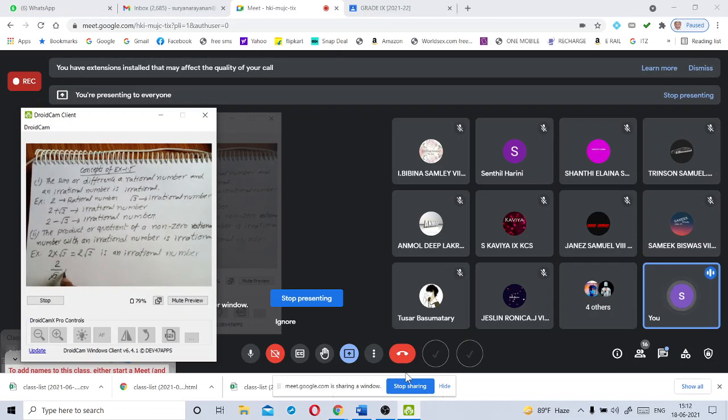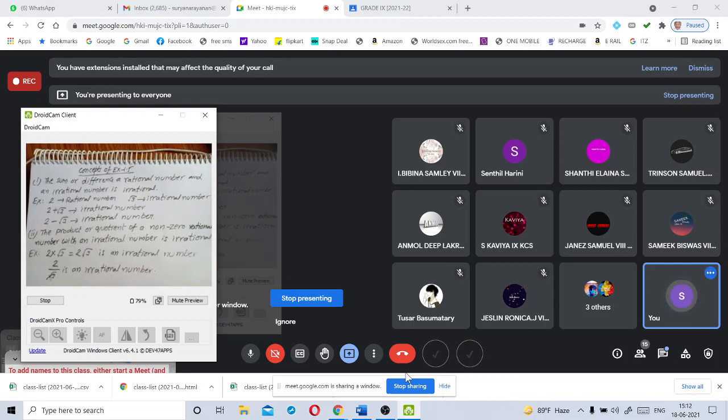It is also an irrational number. This is the second point we use in this exercise.